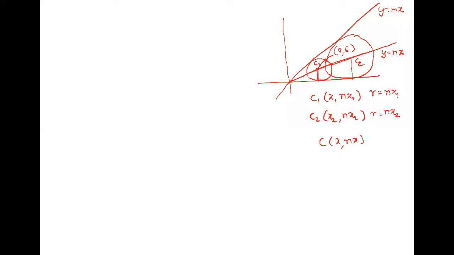Now, apply the distance formula, CP. CP will give you (x - 9)² + (nx - 6)² = n²x², because nx is the radius. Roots of this quadratic equation are x1 and x2.